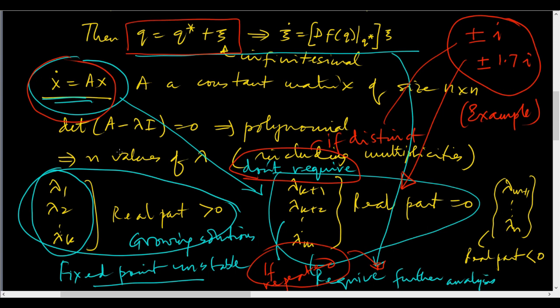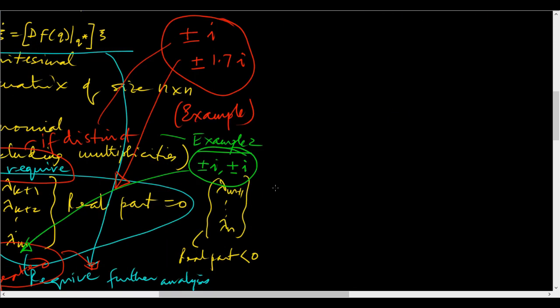However, if we have, let's say, another example, plus minus i, plus minus i. See, over here we have to see, because they are often unstable in a weaker sort of way. Now, these are decaying solutions. Okay, all right.